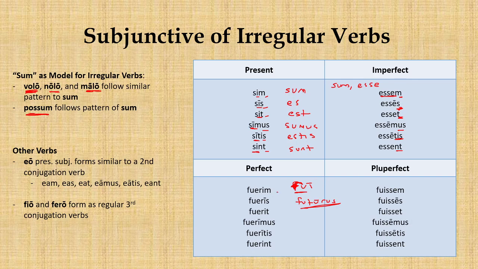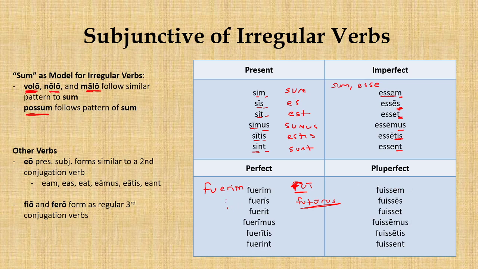Similar to our other perfect active subjunctives, you just use the stem, which doesn't include the long I ending of the first person perfect active indicative, and you just stick this erim, eris, erit onto the end of it.